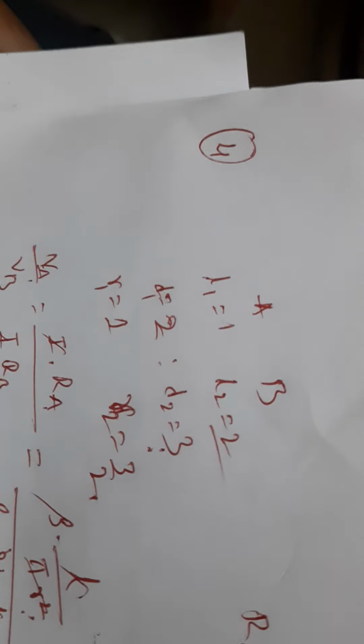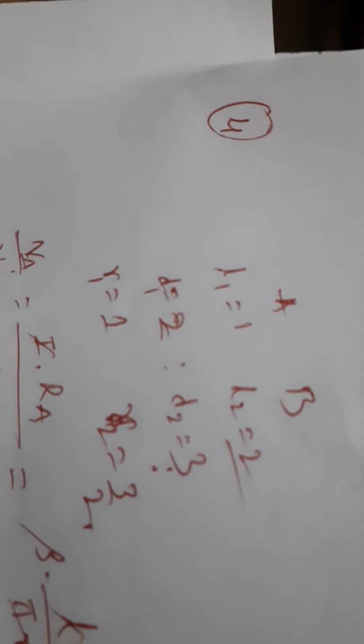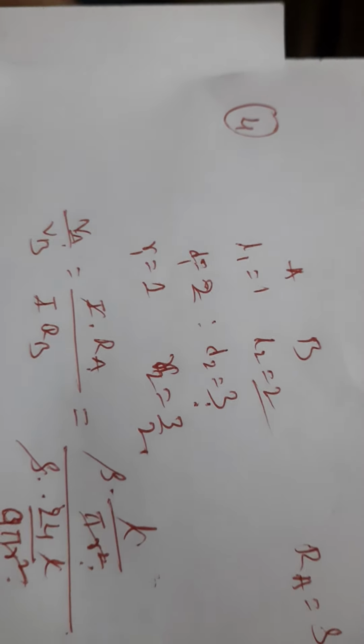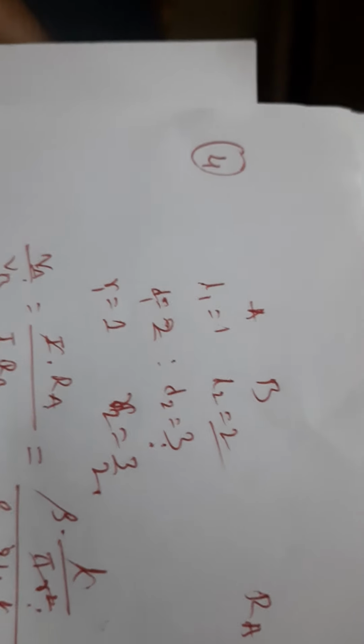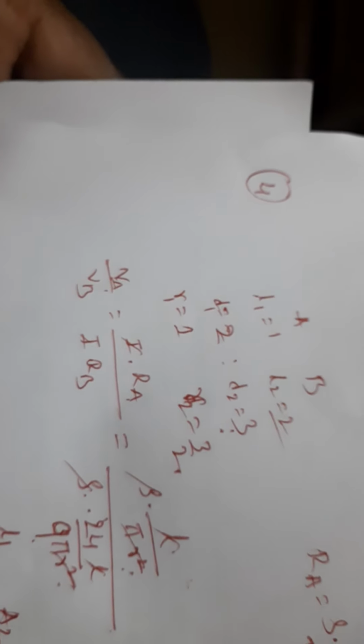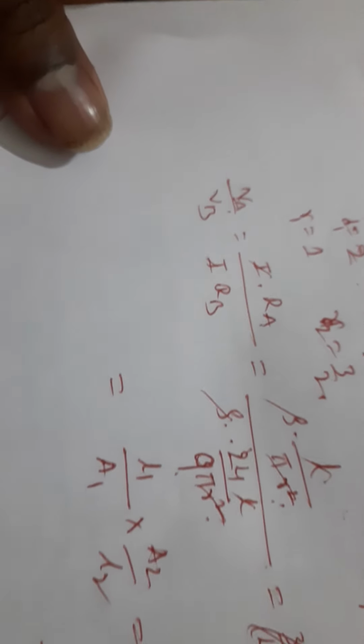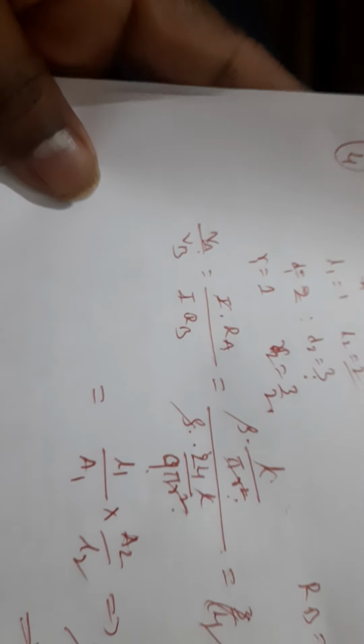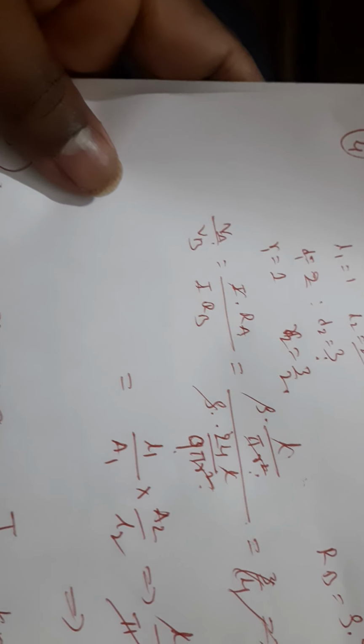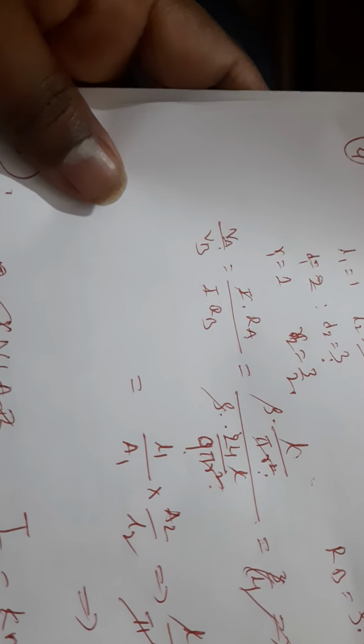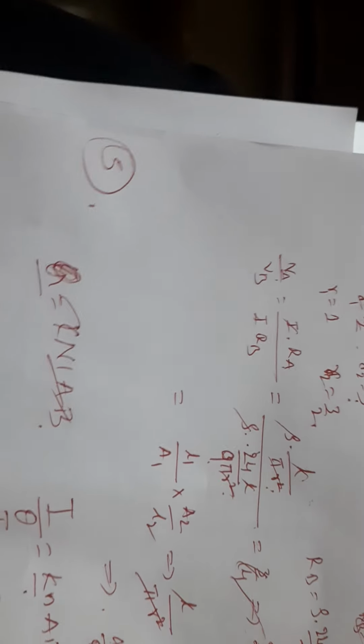How did we get it? We got the 9 by 8 answer as follows, if you want a clear solution. A and B are the two wires, and from basic Ohm's law, V equals IR. Since the resistance relates to the length and diameter, R equals rho L by A. Since it is the same material, rho is the same, so I can take areas A1 and A2 for the two wires, and lengths L1 and L2 for the first and second wires.